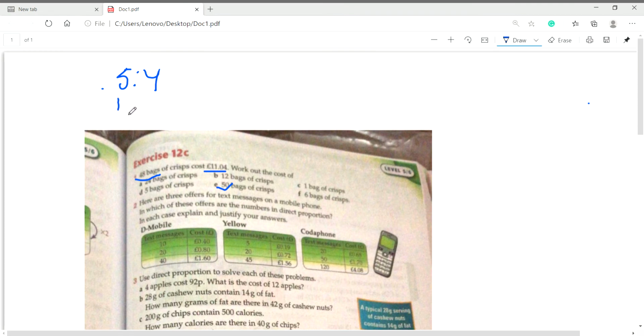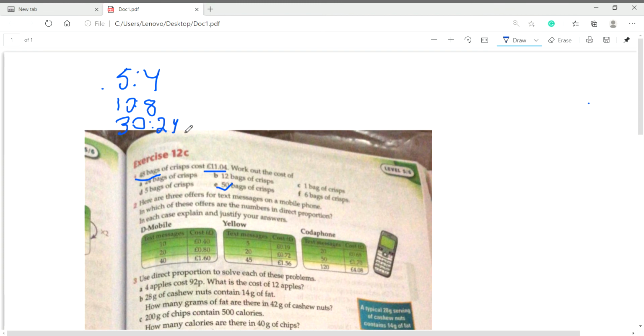If there are 10 boys, if I multiply this by 2, I have to multiply this also by 2, so 8 girls. If there are, let's say, 30 boys, of course I multiply 5 by 6 to get 30. That's why I need to multiply 4 also by 6, and I will get 24. So if there are 30 boys, there are 24 girls.